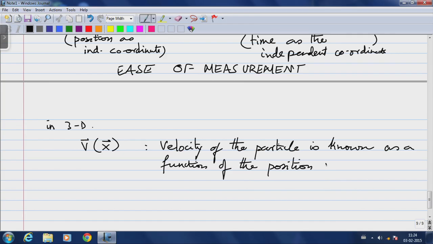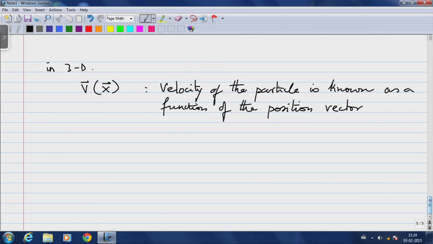So, let us understand what this actually means in 3 Cartesian dimensions. This notation V vector as a function of x vector basically amounts to V itself being u, v, w. Okay, u itself is the x component of the velocity, v the y component of the velocity.